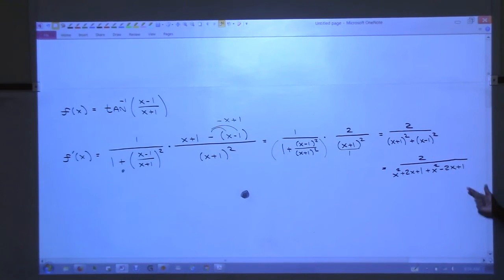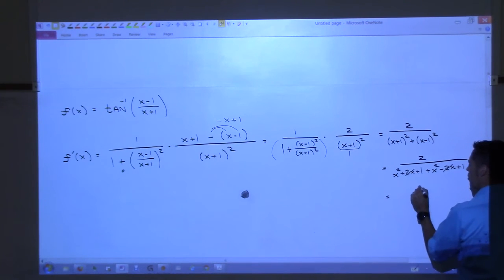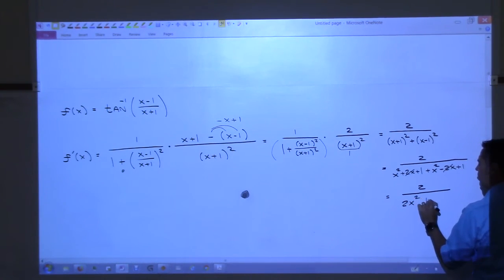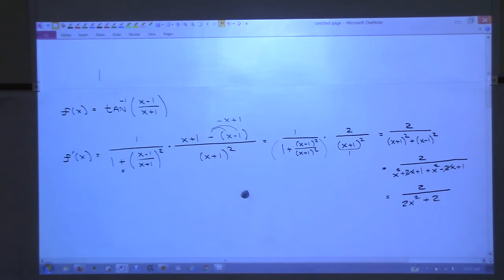And I did that because I knew that because this was a plus and a minus, some things should cancel. And you can see it right there. So we get 2 over 2x squared plus 2. They all have 2's, so I can reduce everything by 2. Huh. Very interesting.